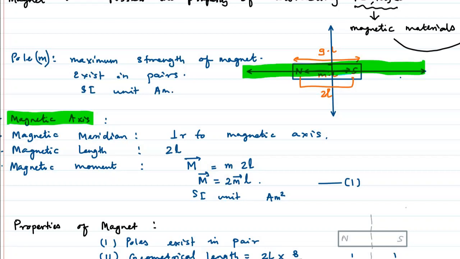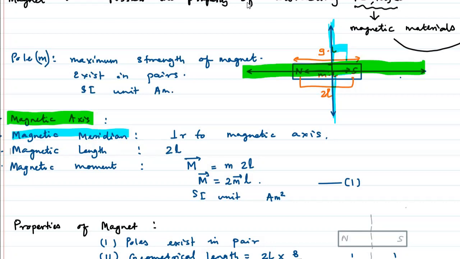Then what is magnetic meridian? Magnetic meridian is perpendicular to the magnetic axis. This one you can see. It is also an imaginary line, but it is perpendicular to the magnetic axis. So I am color coding it so that we are understanding it properly.